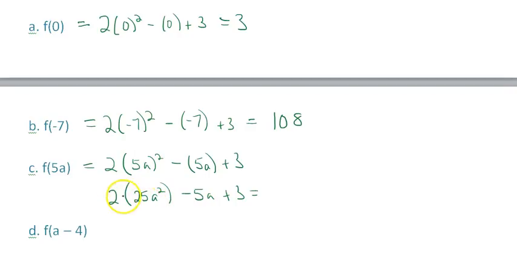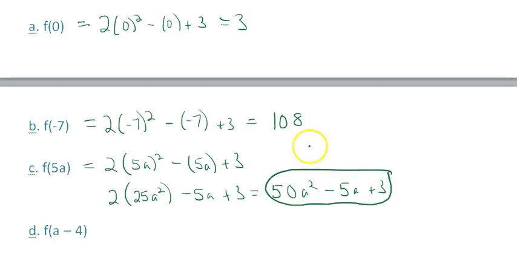And then I can multiply. 2 times 25 is going to give me 50a squared. And then I have minus 5a plus 3. And I can't combine any of those because the a's have different exponents. So as strange as that looks, where the other outputs were numbers, this output has a polynomial look. And that's okay.